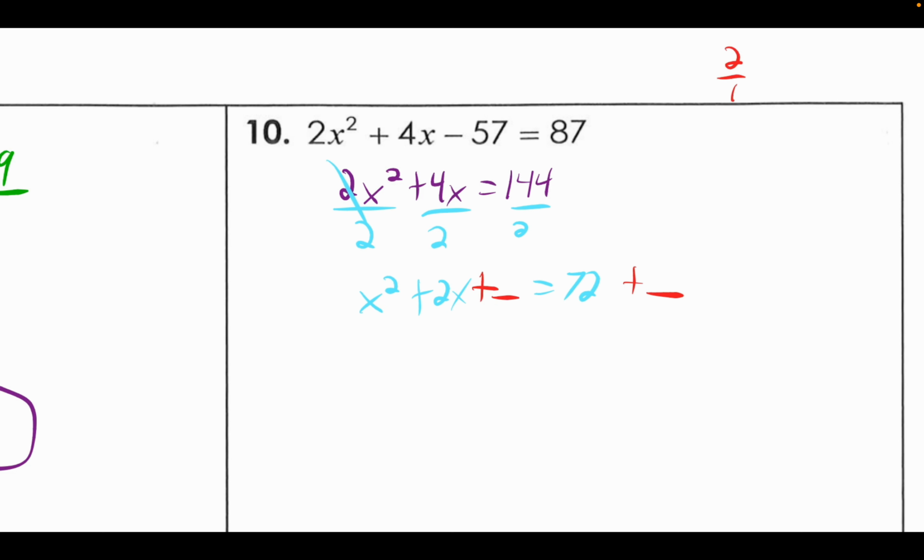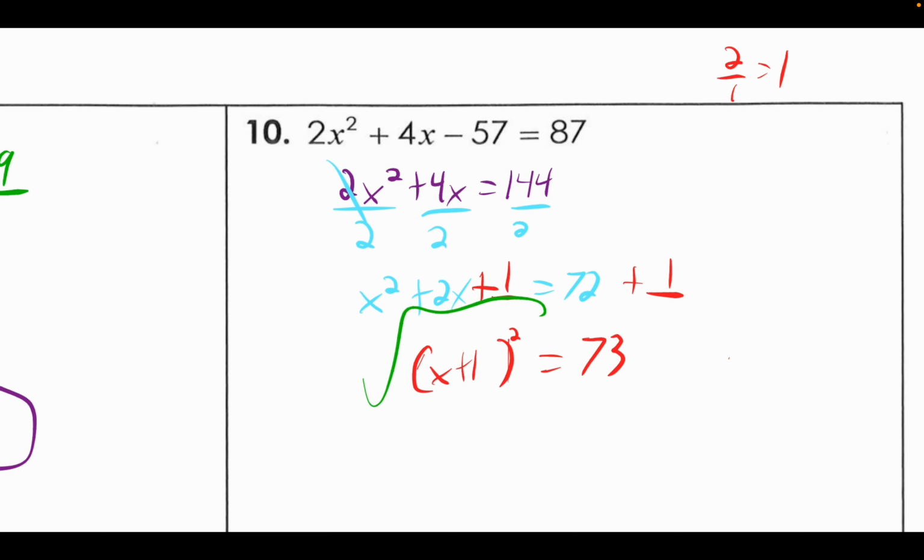And if I take 2 and divide by 2, I get 1. I square that, I get 1. And now I can factor my left-hand side into (x plus 1) quantity squared, because this is a positive 2, half is positive 1, and that equals 73. As I go ahead and square root both sides, my iPad is not wanting to cooperate here.